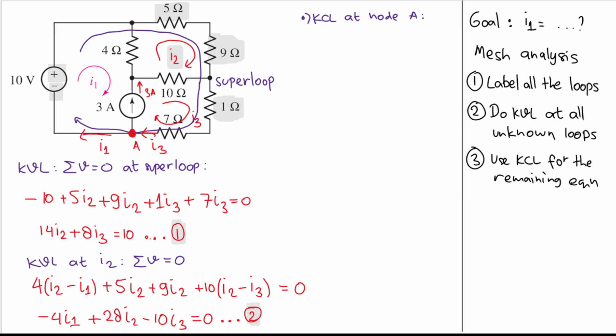What does KCL say? KCL says that the sum of the currents that go in will equal the sum of the currents that go out. Here, the only current that goes into node A is I3.